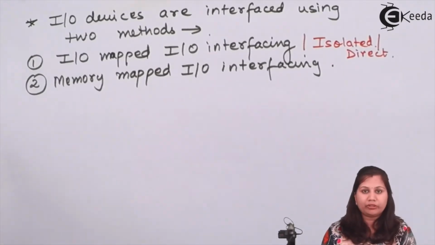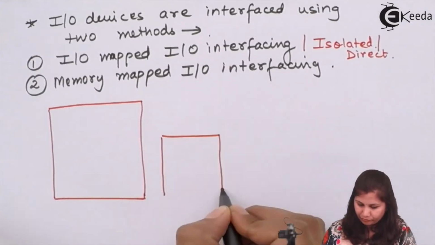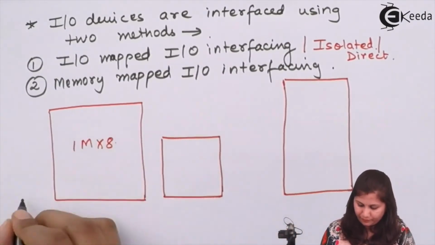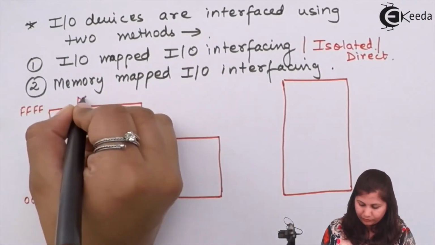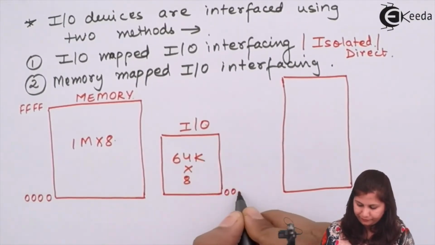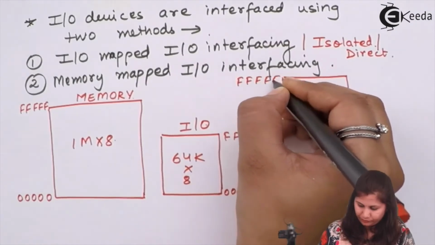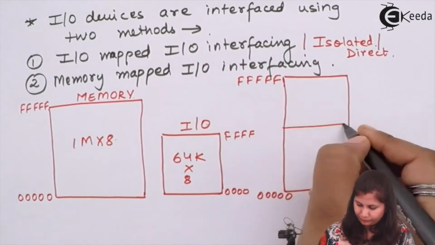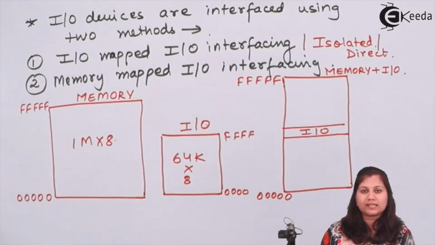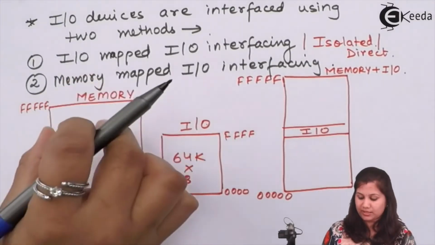Let us draw a diagram here so it will be more clear to you. In the 8086 microprocessor, the size of the memory is 1 megabyte, and each register can store 8 bits.